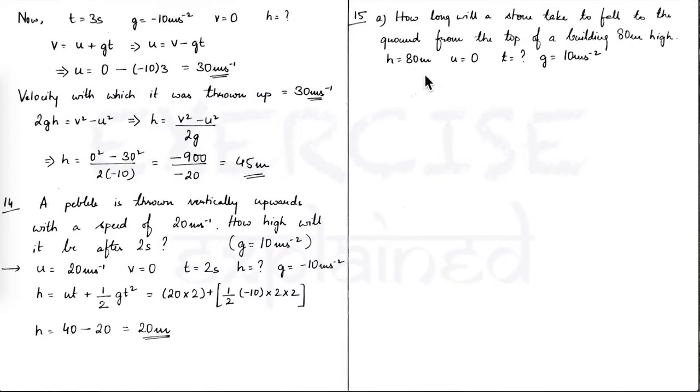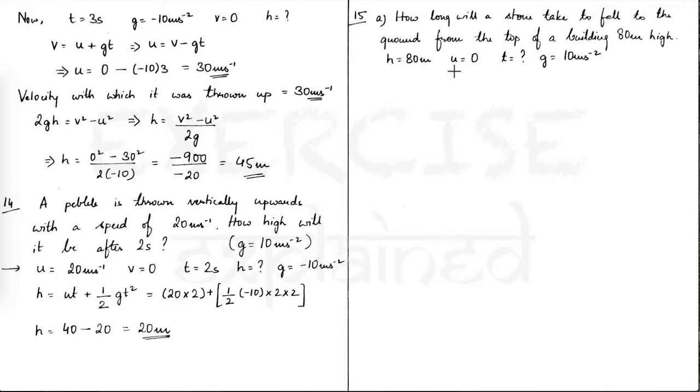Getting to the next question, that is the 15th question. How long will a stone take to fall to the ground from the top of a building 80 meter high? So height is given as 80 meters, so h is 80 meter.